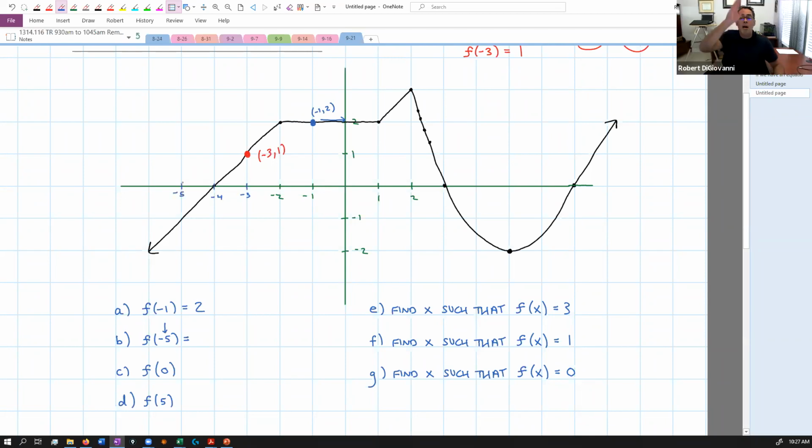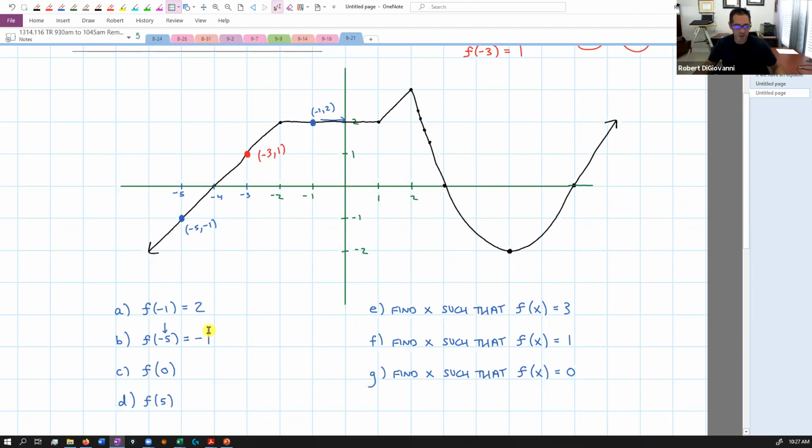Now, look up and down and see where you have a point on the graph. Do you see this point right here? Yes. Okay, so that has as a coordinate -5 as the x. Can you tell me what the y coordinate is of this point? -1. That is the output. The input is the -5, the output is the -1. So your answer is -1. That makes sense? Mhm.